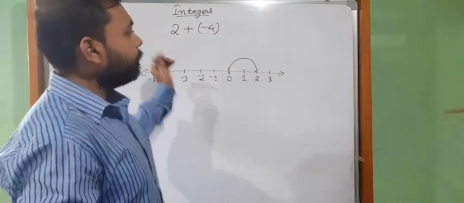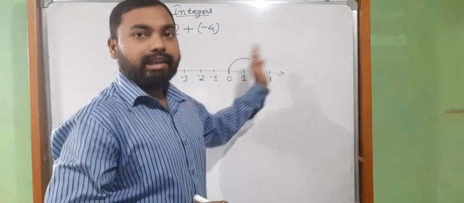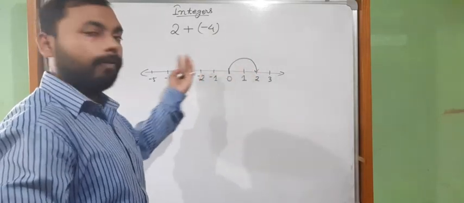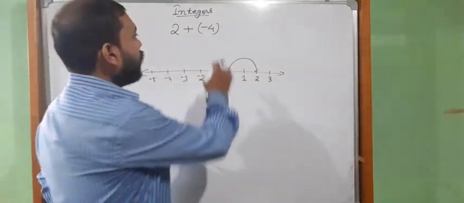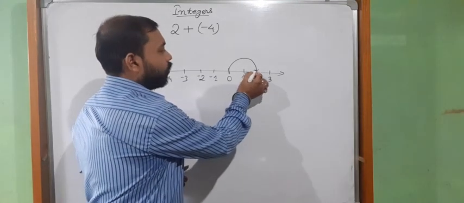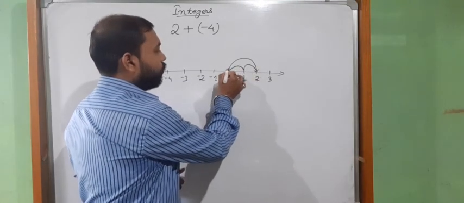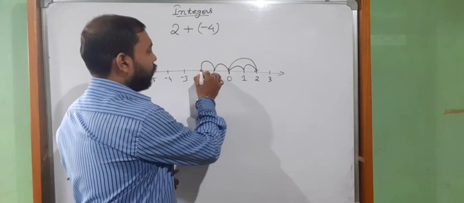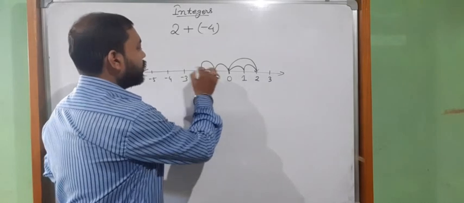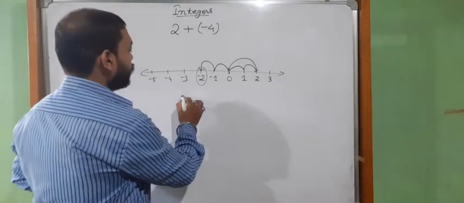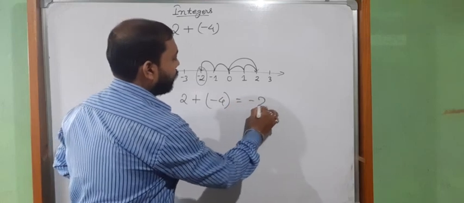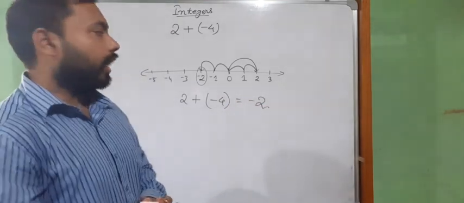If positive, you go forward, that is right-hand side. If a negative sign is there, we have to move in the backward direction. How many steps? 4 steps backward from 2. So it is 1, 2, 3, 4. See, we have stopped at minus 2. So we conclude that 2 plus minus 4, the answer is minus 2.